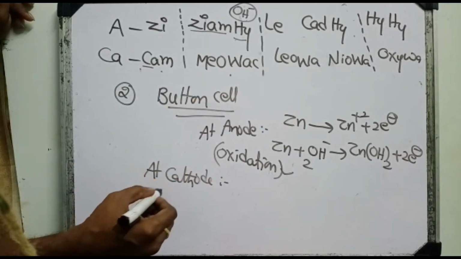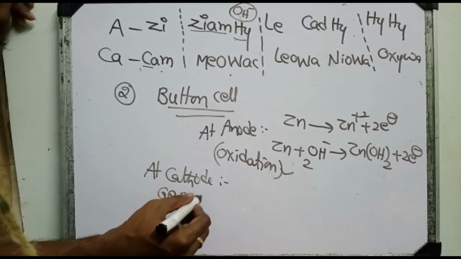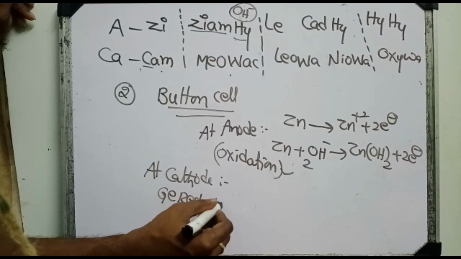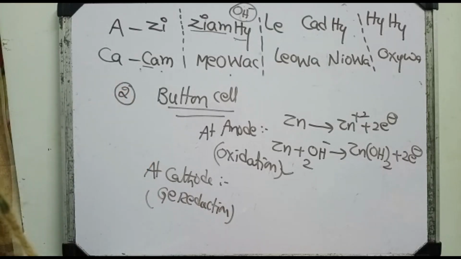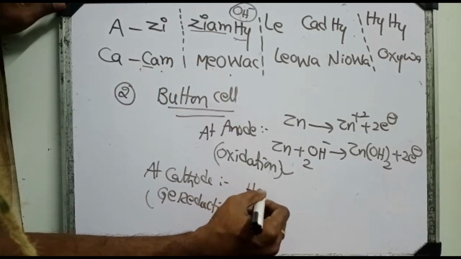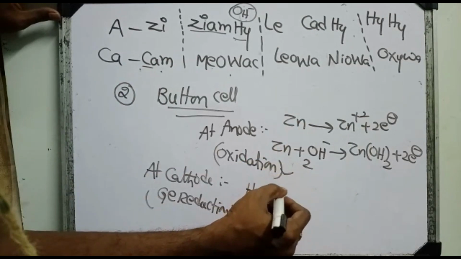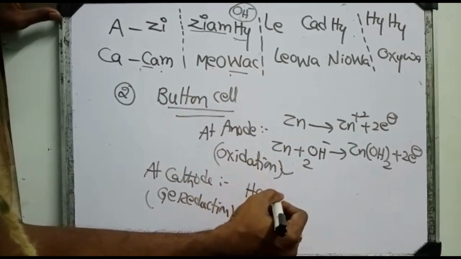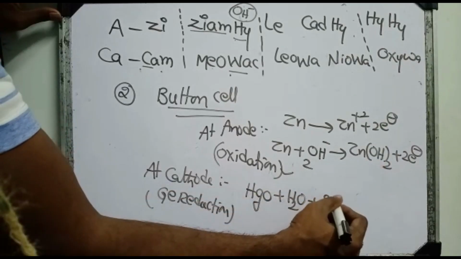Here gain of electrons takes place, that is a reduction process. Cathode is mercury oxide, so HgO plus water takes 2 electrons.